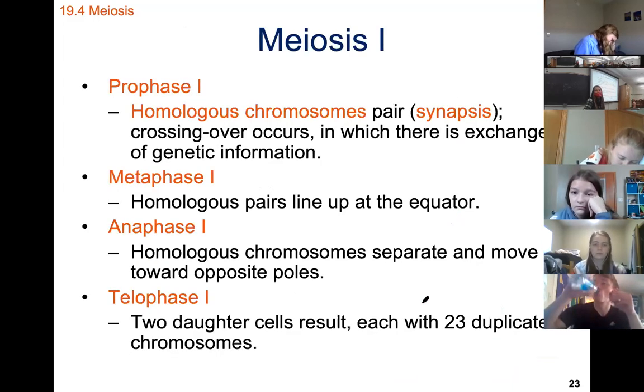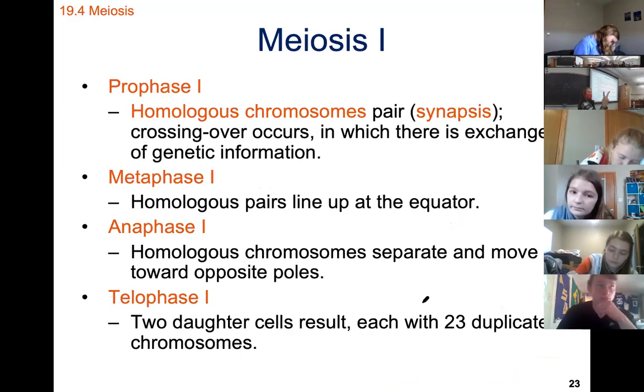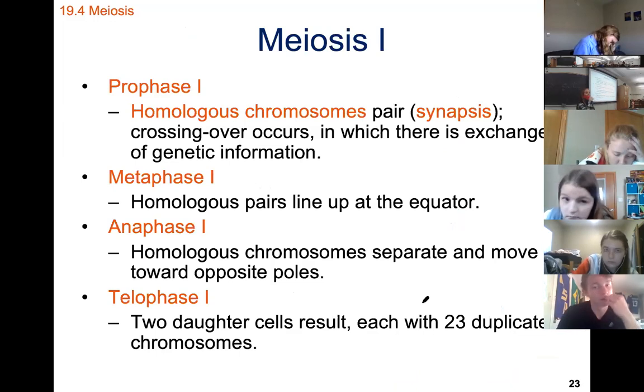So there's two steps to meiosis. We've got meiosis 1 and meiosis 2. The first meiosis is similar to mitosis. We have prophase, metaphase, anaphase, telophase. They are indicated by 1 or 2 because there are also prophase, metaphase, anaphase in meiosis 2. So prophase 1 does exactly what you think it does.